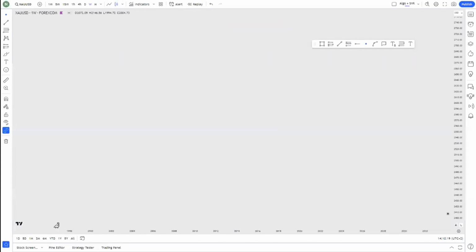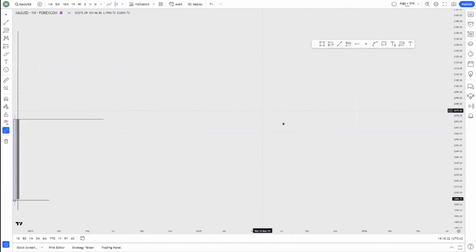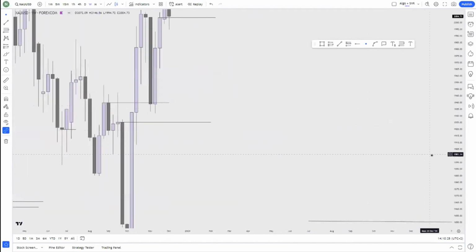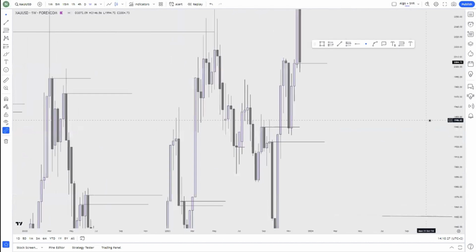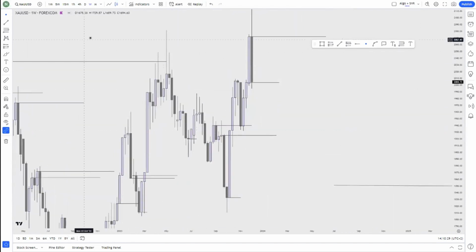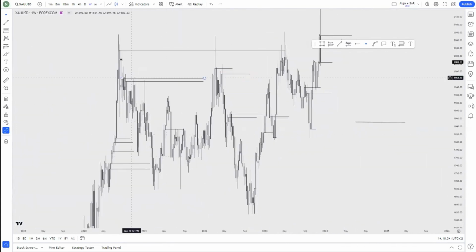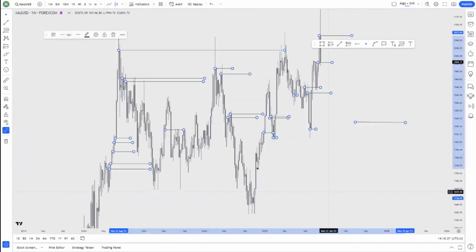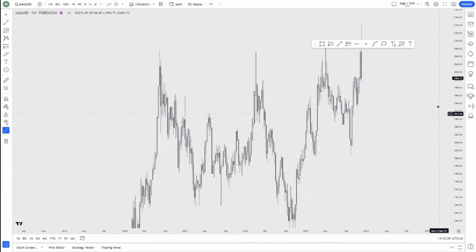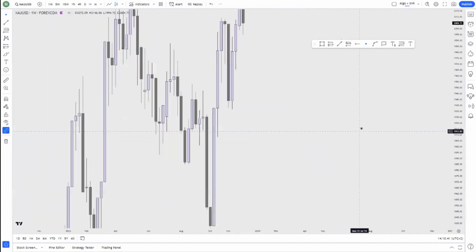The break and retest right here. Here's a break and retest. Let me just clear most of the things out. What do you see right here?